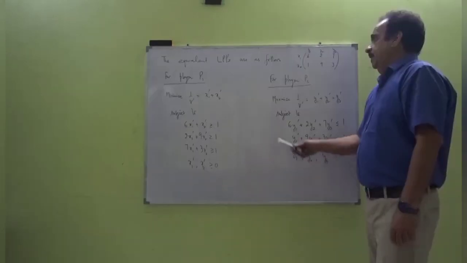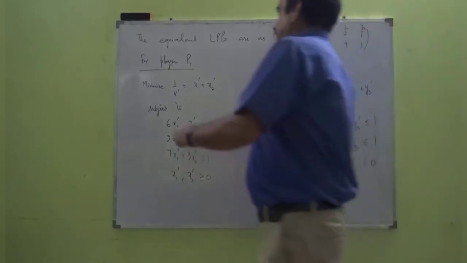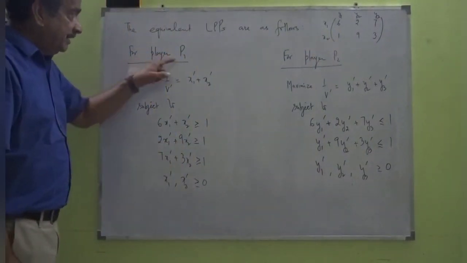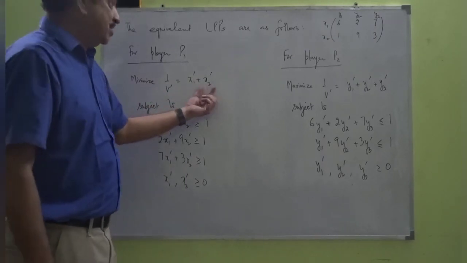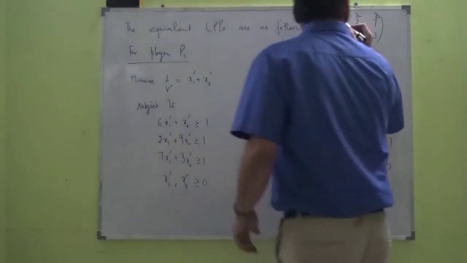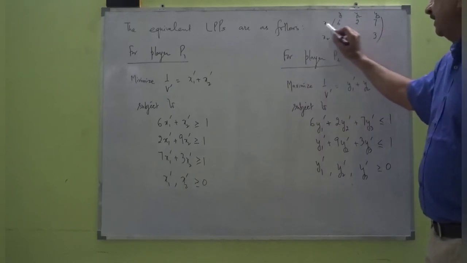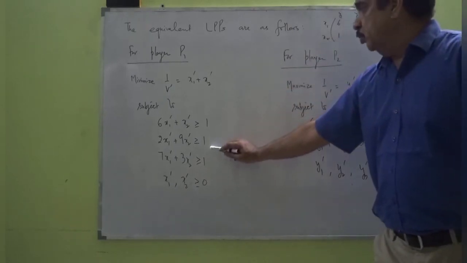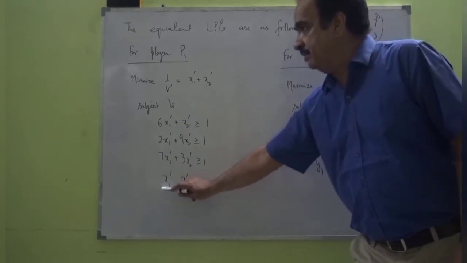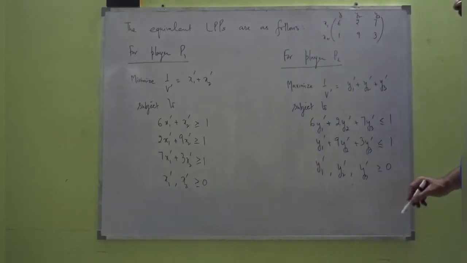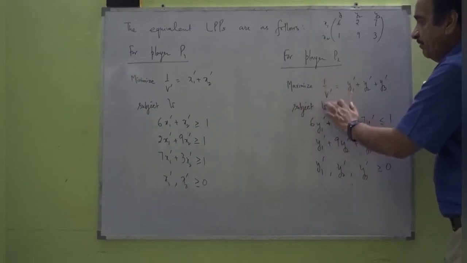As we did in the previous example, for player P1 it will be: minimize 1 by V dash equal to x1 dash plus x2 dash subject to these constraints: 6x1 dash plus x2 dash greater than or equal to 1, 2x1 dash plus 9x2 dash greater than or equal to 1, 7x1 dash plus 3x2 dash greater than or equal to 1, x1 dash, x2 dash greater than or equal to 0.